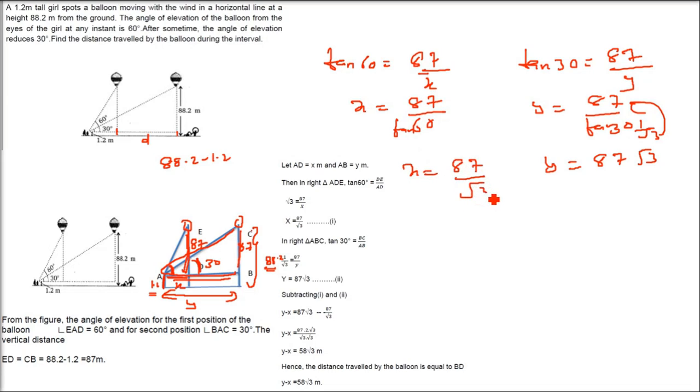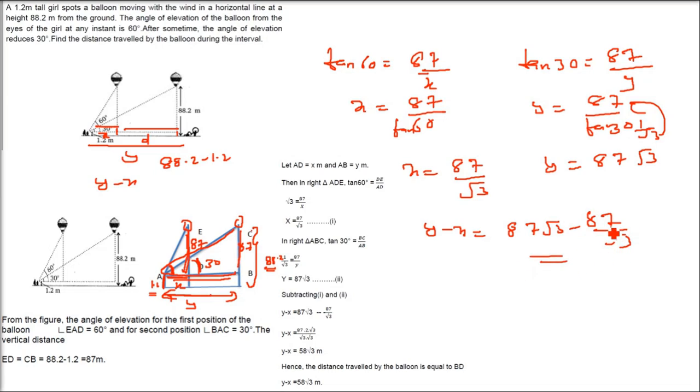Now we have to find y minus x, how far this balloon has traveled. So y minus x will be 87 root 3 minus 87 by root 3. When you solve this, it's going to be 58 root 3.